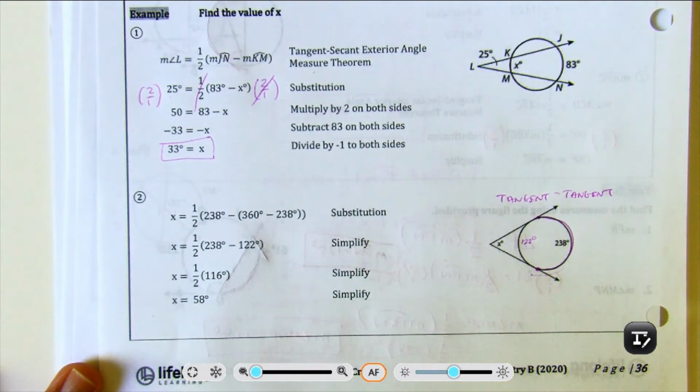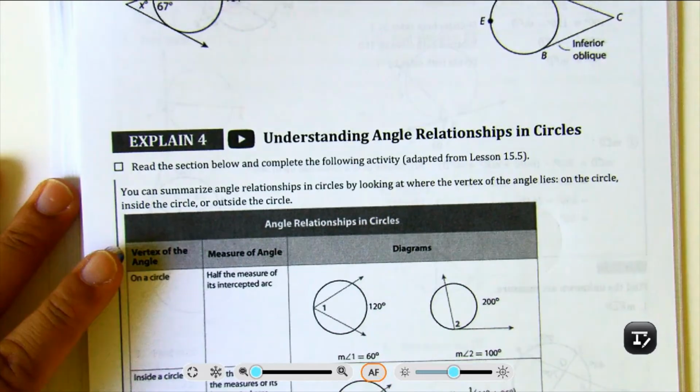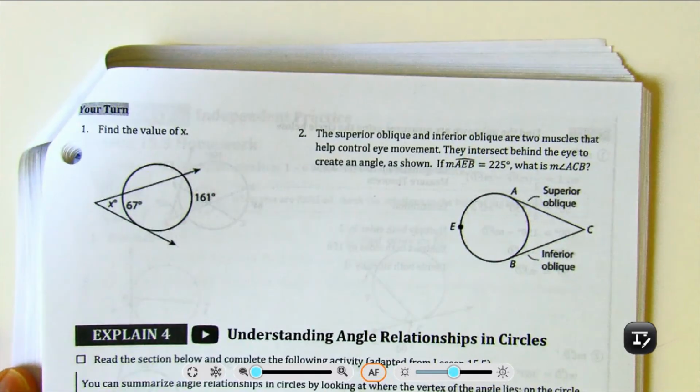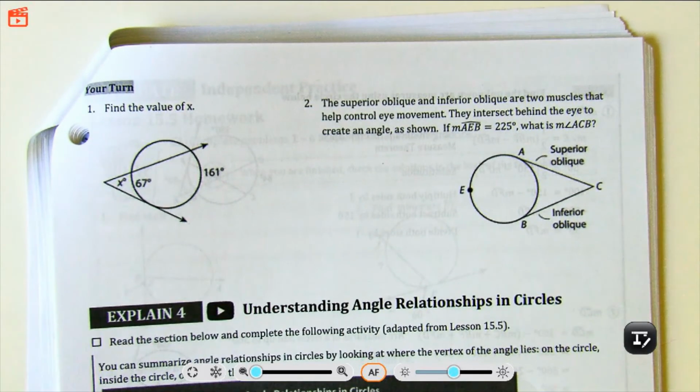Next, this is just some problems to try on your own. If you want to pause the video here and take a shot at these problems, and then press play after to look at the answers, you can.